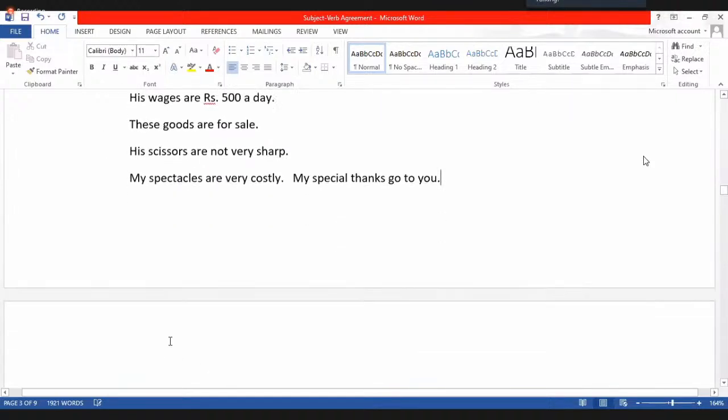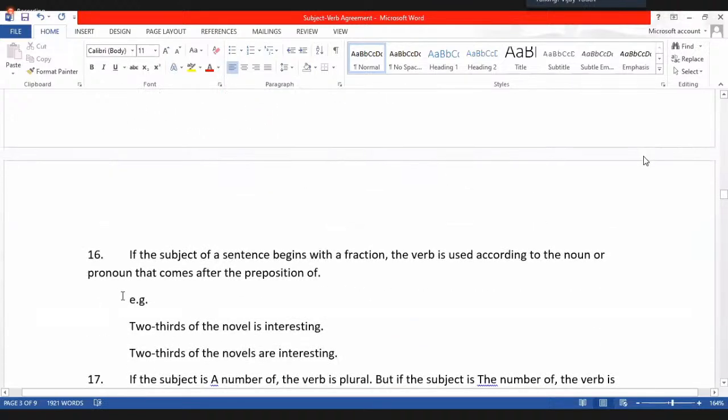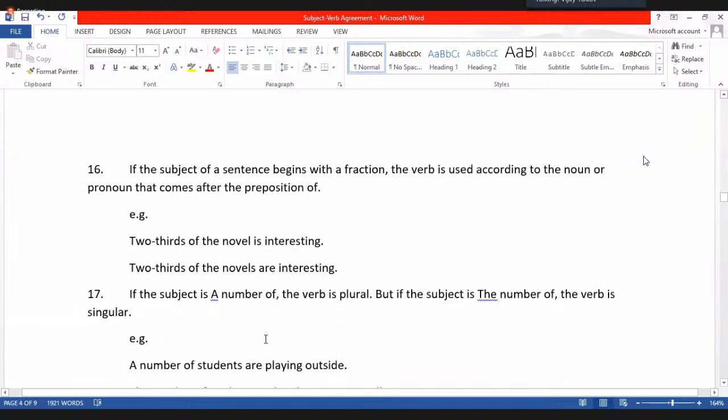Okay. Then 16. If the subject of a sentence begins with a fraction, that is 1/2, 2/3, 3/4, like this, then we use the verb according to the noun or pronoun which comes after the preposition.